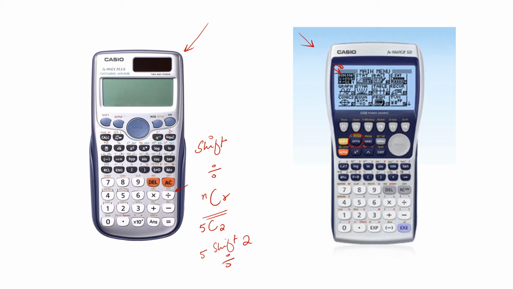After F6, you choose the probability, PROB, I think it's on F3. Then you choose F2 or F3: F2 for nPr and F3 for nCr, and if you want factorial, then F1. So this is how we use the graphic calculator or the scientific calculator, and we get the answer directly.